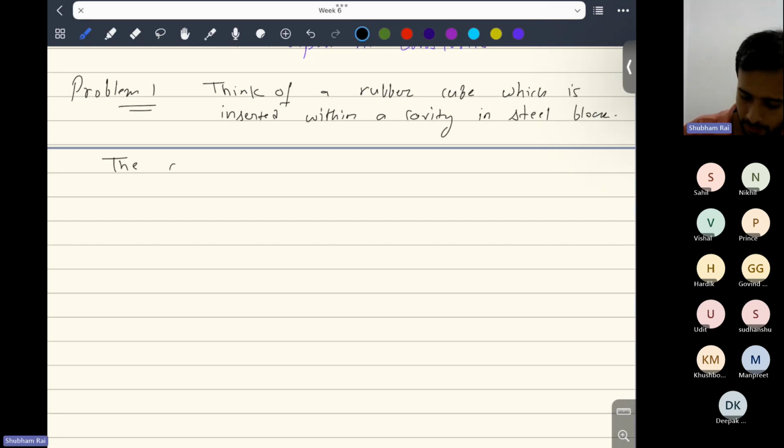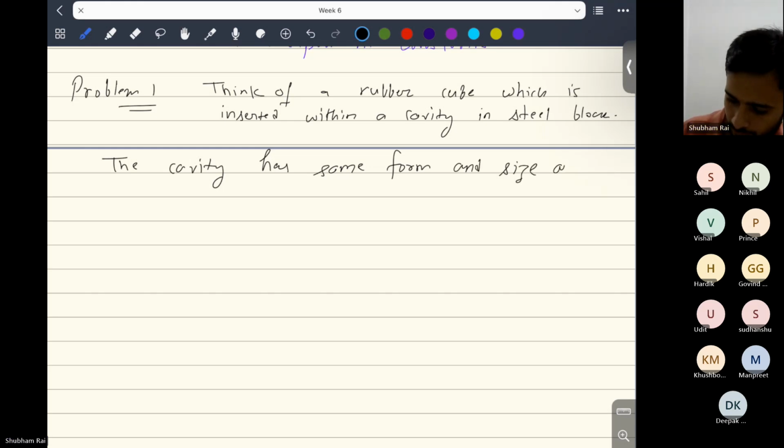The cavity has the same form and size as that of the rubber cube, and this will be shown below.